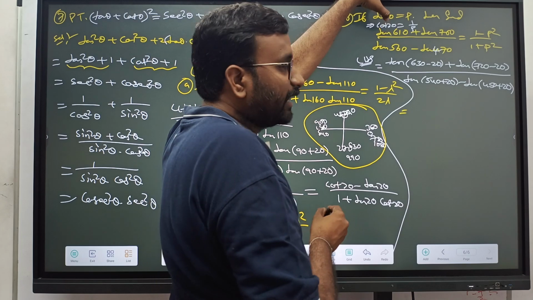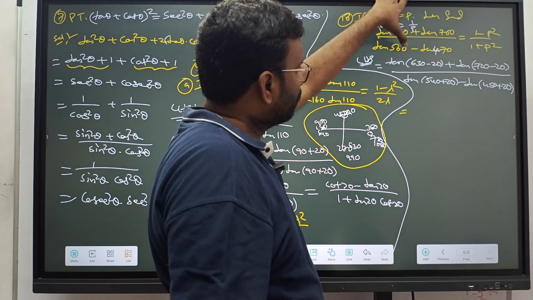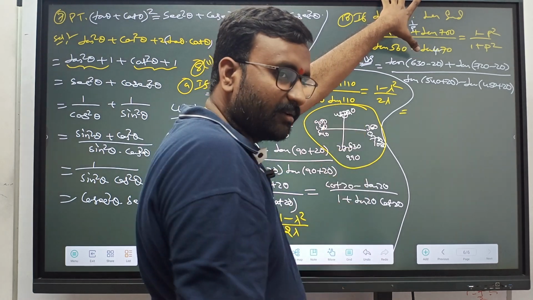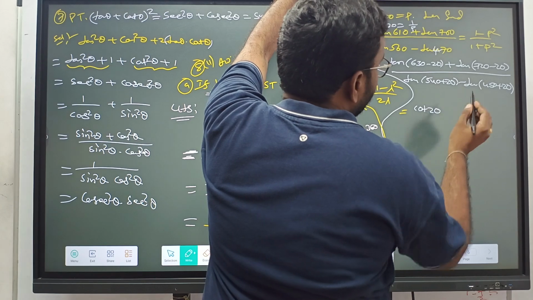Third quadrant, tan positive. But 630 is on which axis? Odd axis. So it will be cot 20.